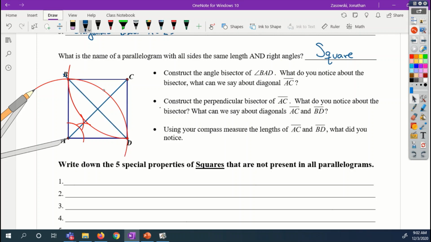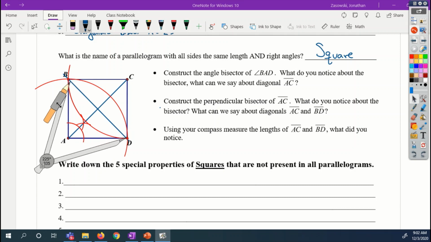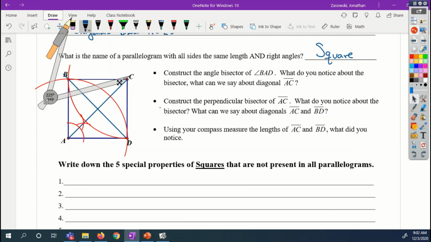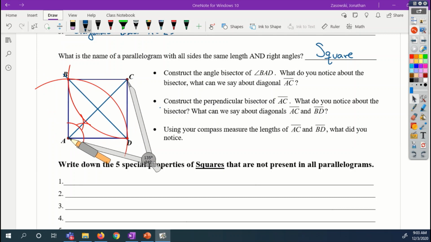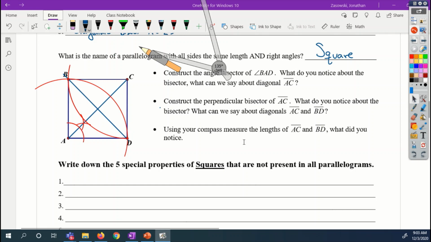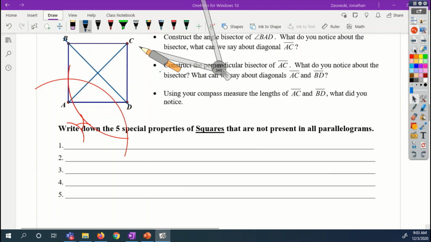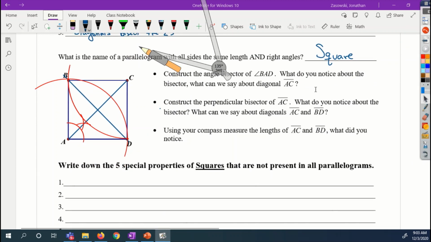So once again, these are the angle bisectors, and we can also measure and show that the line segment BD is the same length as AC here. And so we're indicating not only are the lengths of these diagonals equal, which makes it a rectangle, but they are also perpendicular and bisect the angles, which makes it a rhombus. So that has all 5 properties of a rhombus and a rectangle.